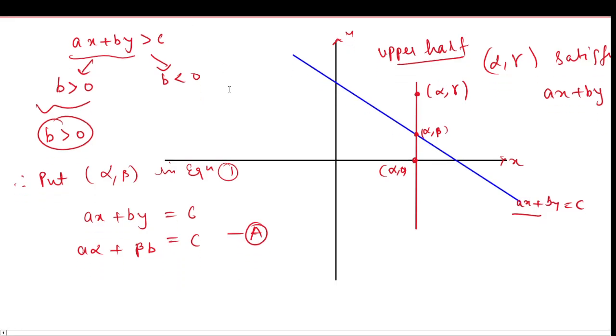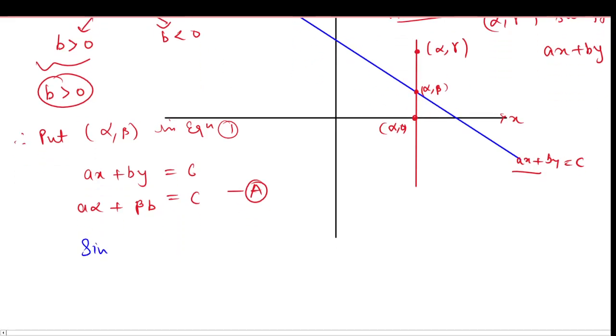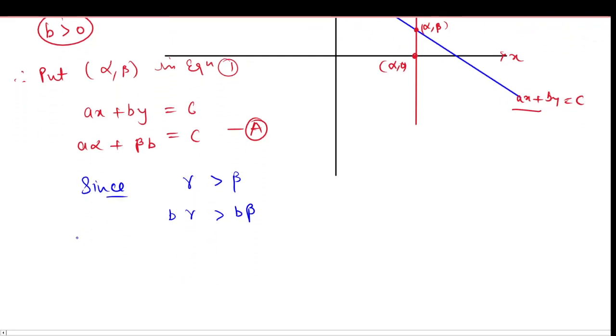and since it is clear from the graph gamma is greater than beta, by applying the rules of linear inequality, we multiply both sides by b, and add a alpha to both sides.